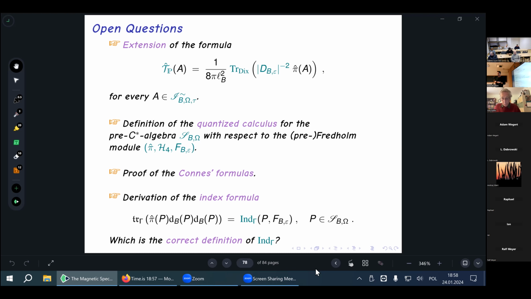What about the correct definition of the index? What definition do you expect? There is a third incarnation, you said something like an equivariant index.